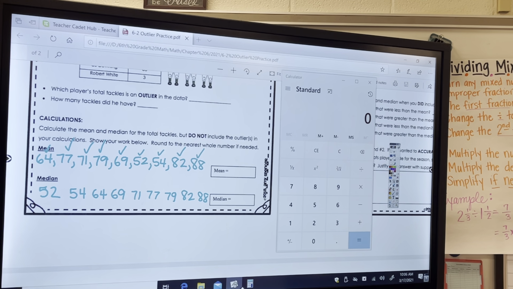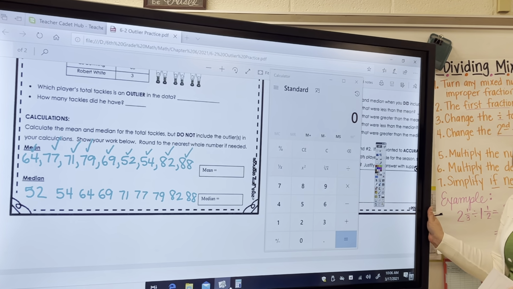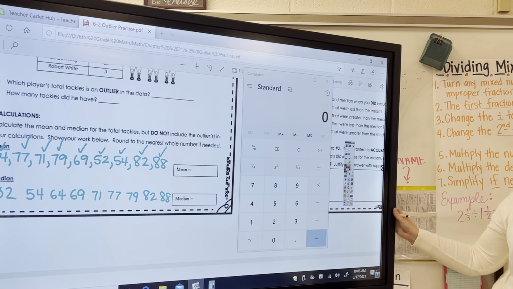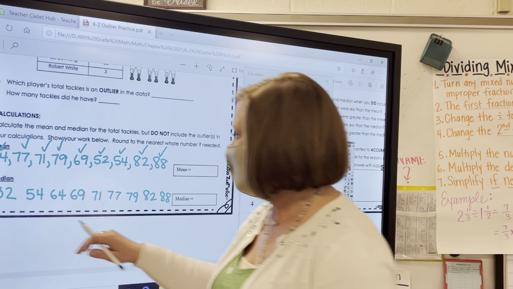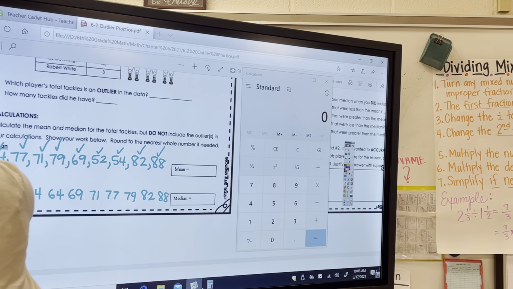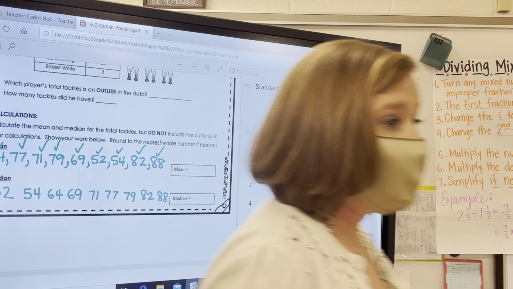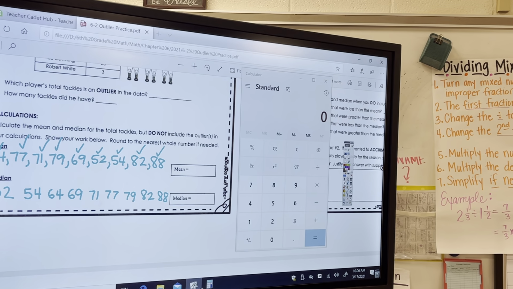When you number them least to greatest, you should have 52, 54, 64, 69, 71, 77, 79, 82, and 88.